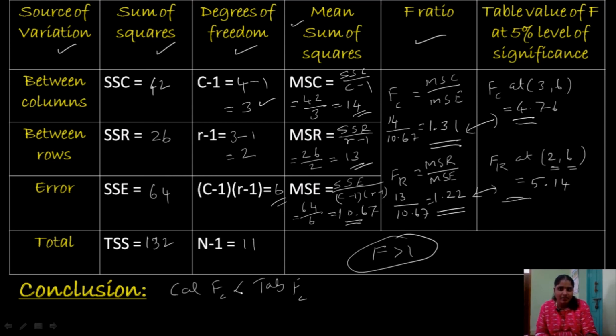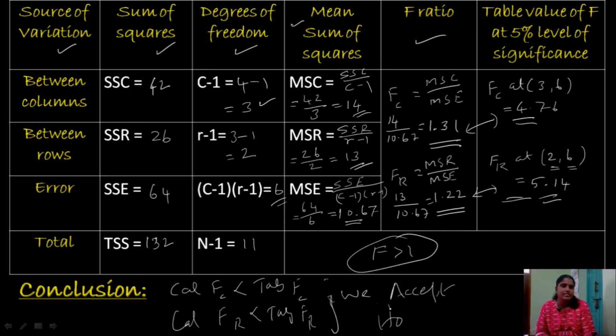So the calculated value of F is strictly less than the table value of F. And also for row wise, I am going to compare the calculated value of F with the table value of F. The calculated value here is 1.22, whereas the table value is 5.14. So definitely this value is also strictly less than the table value. So in both cases the calculated value is less than the table value. So we accept H0 in both cases. That means we reject the alternative hypothesis H1.